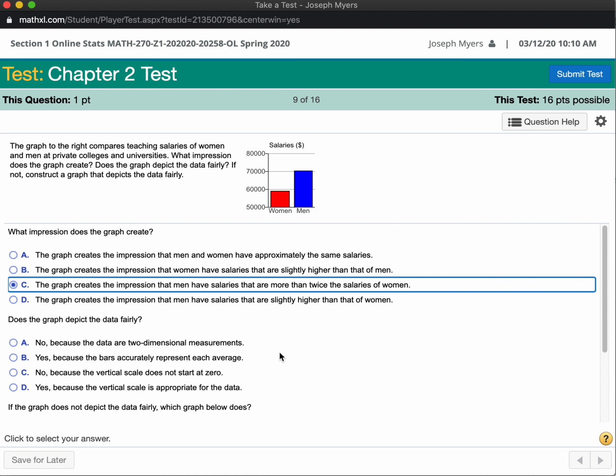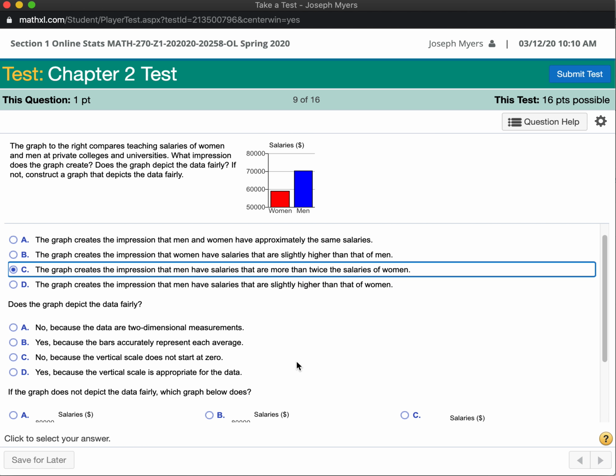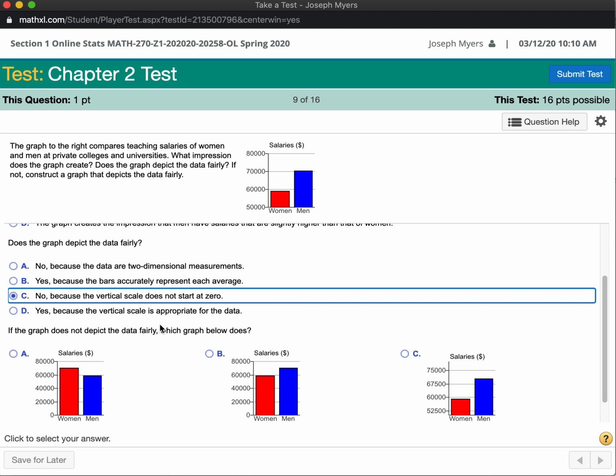If a graph does not show the true 0 point, then it is an unfair comparison because the vertical scale doesn't actually start at a true 0 point. So does the graph depict the data fairly? The answer is no, because the vertical scale in this graph doesn't start at 0.